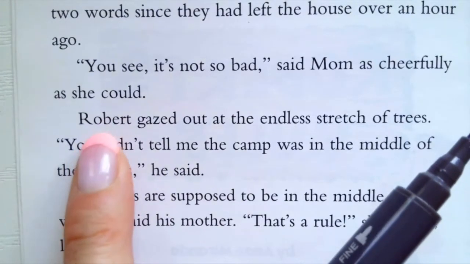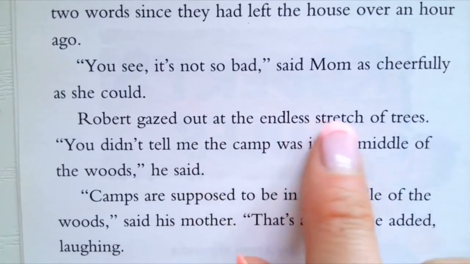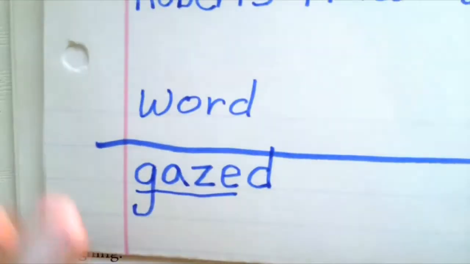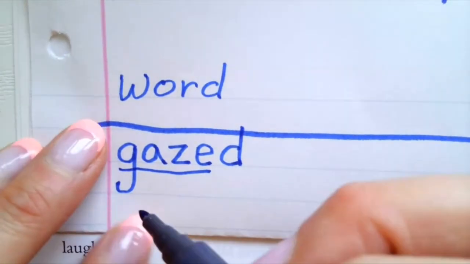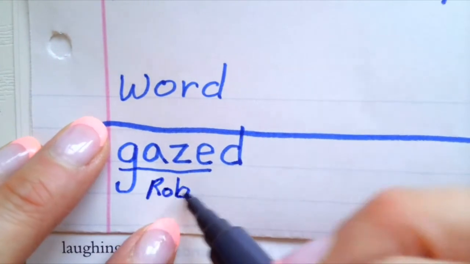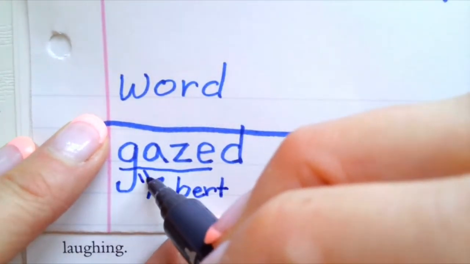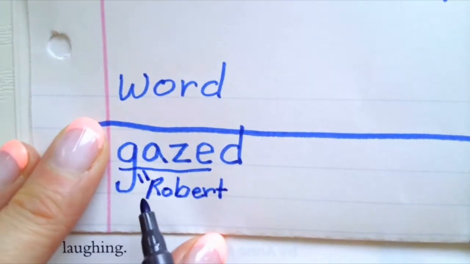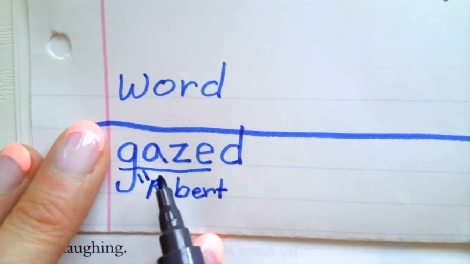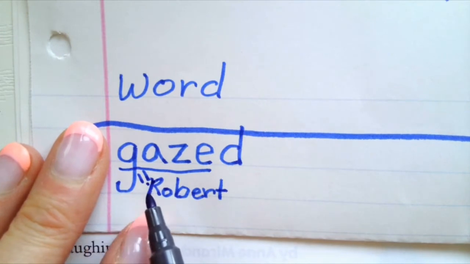It says, Robert gazed out at the endless stretch of trees. Let's write that down. Robert, and I'm going to put quotation marks. Do you see I'm putting quotation marks? When I write the same words that the author wrote, I use quotation marks to tell my reader that these are not my words.